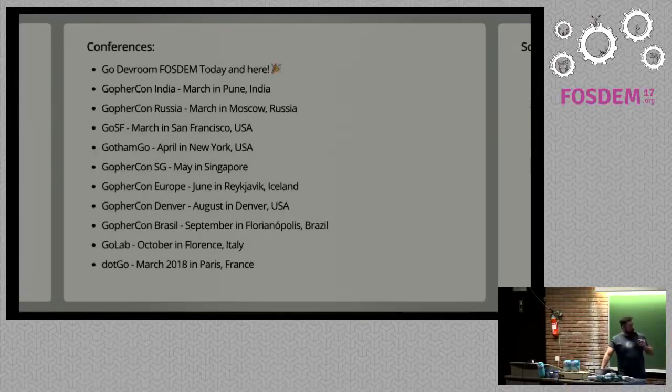Then April in New York, May in Singapore, June in Reykjavik. The organizer is somewhere there. There you go. And August in Denver, September in Florianopolis, October in Florence, and then Go has moved a little bit farther away, so there will not be 2018, there will be 2019, not the other way around. 2019, I'm mistaken with the years. That's 2019, next year.